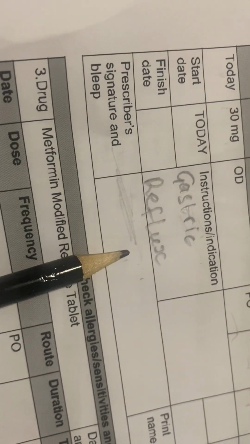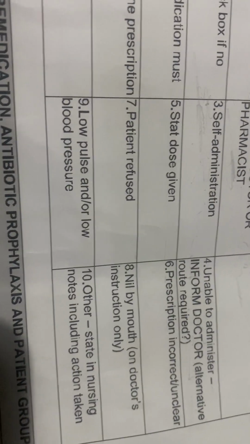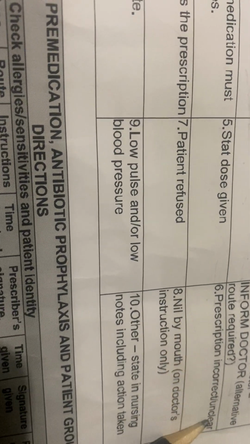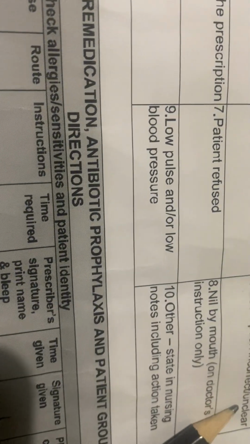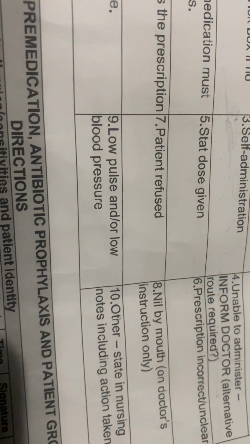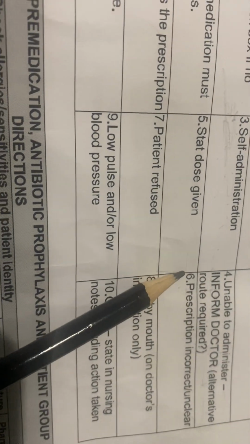So what are you going to do? So this is where this one comes in. Prescription incorrect and unclear, because it's not complete, it's incorrect. All right, that is when you are going to code it, code 6.